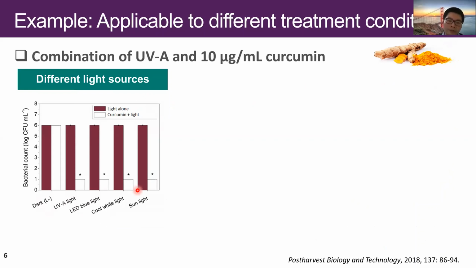Not only UVA light, they can also use LED blue light, cool white light, even sunlight. The light alone will not kill any bacteria, but if combined with 10 microgram per milliliter of curcumin, then we can get a significant log reduction within 10 minutes of treatment.